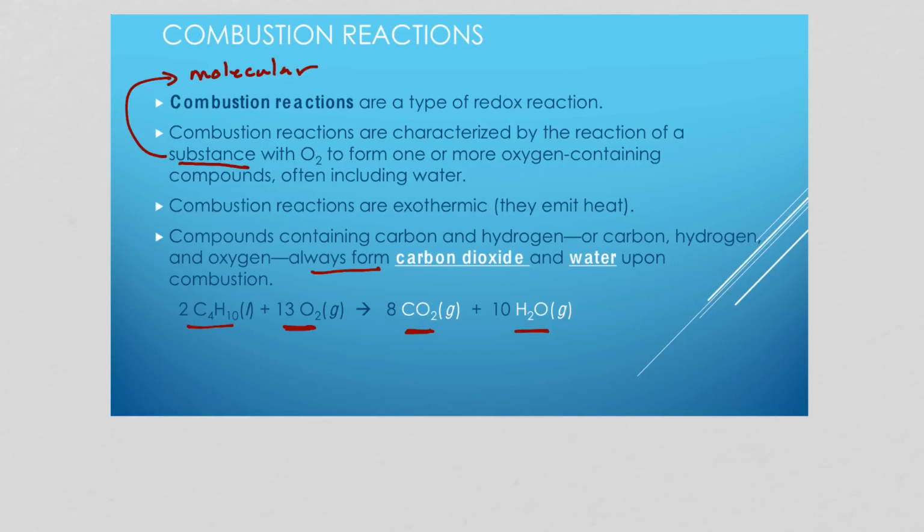So if we have a carbon and hydrogen containing compound reacting with oxygen, you're always going to form carbon dioxide and water. And if you see a reaction that fits this profile, where we have a molecular compound reacting with oxygen to give you CO2 and water, then we can immediately identify it as a combustion reaction and therefore a redox reaction.